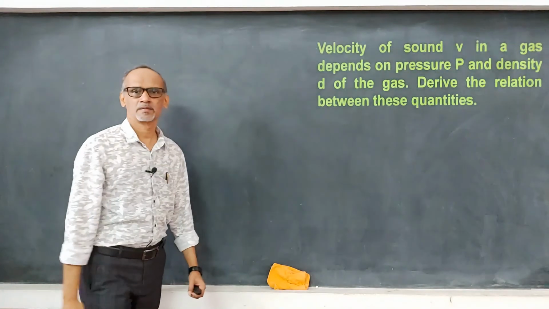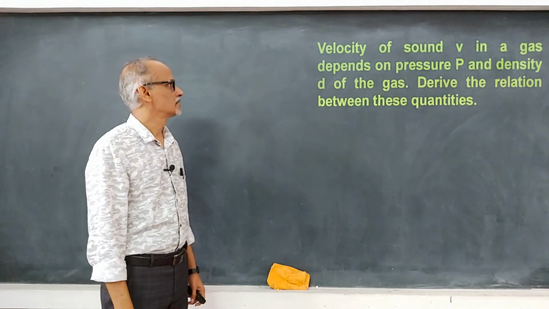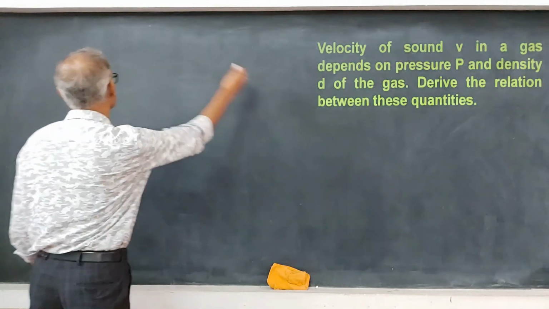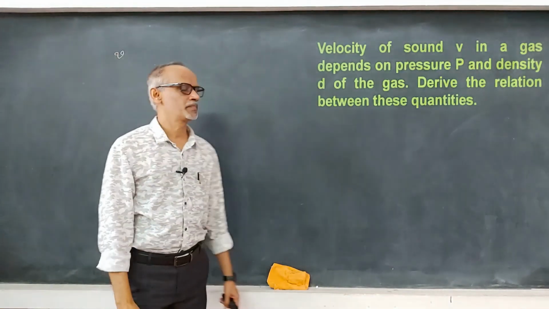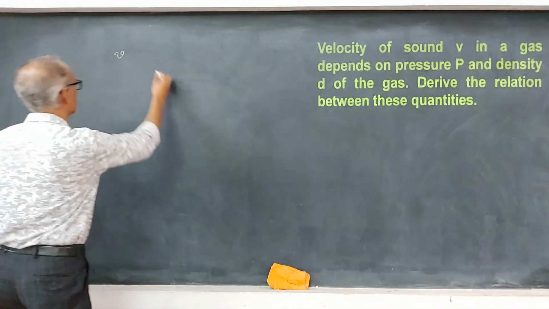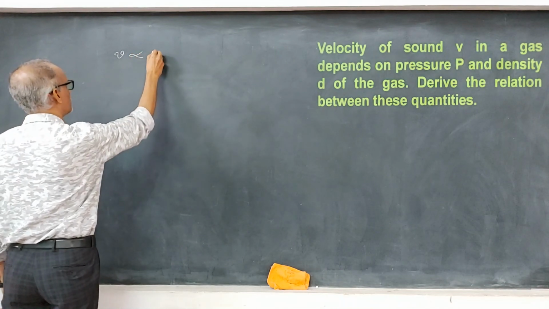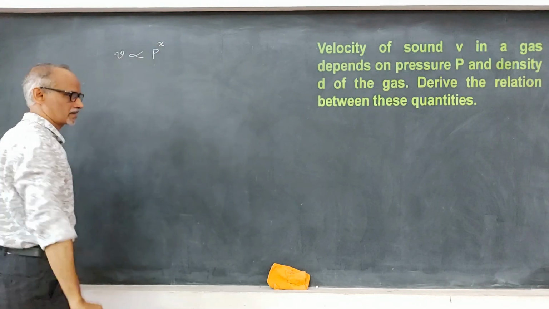The question is velocity of sound in a gas. The symbol is given v. So, velocity of sound in a gas v depends on pressure. So, when we say depends, we have to write proportionality, depends on pressure P. We do not know what is the power of it, so I am going to write it as x.